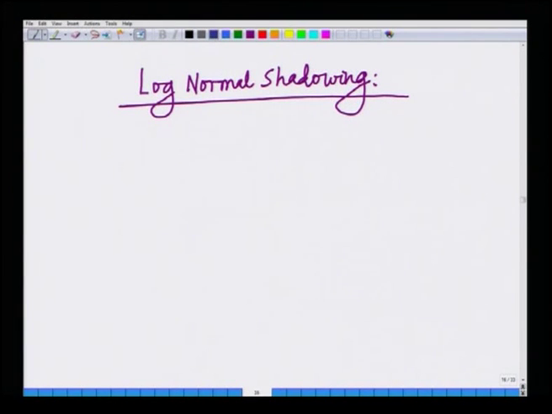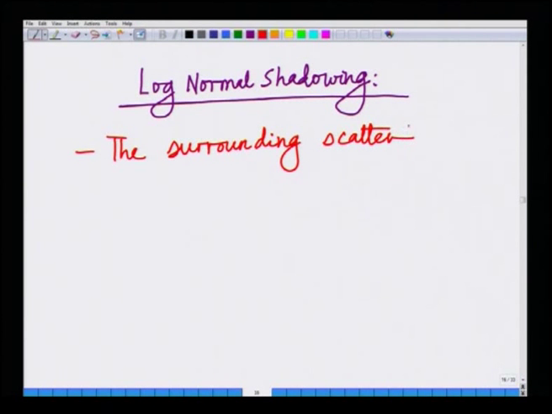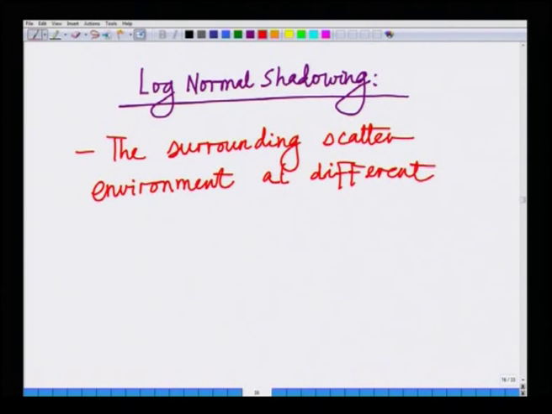All right. So, the surrounding scatter environment at any instant at different locations may be very different in a wireless scenario.